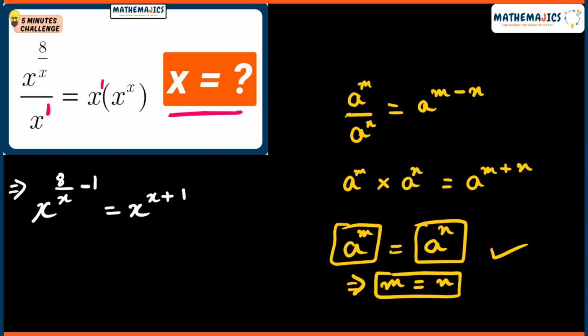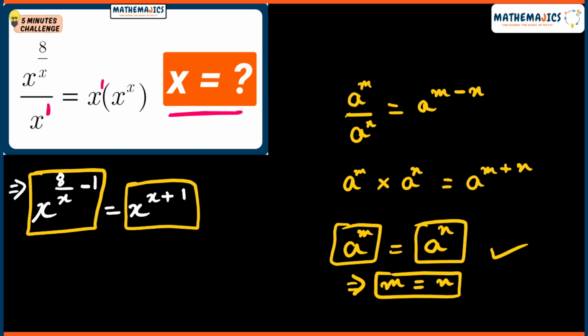So we will be using this third rule here. We can see the left side and the right side are the same, and the base number, that is x, is also the same. That means the powers should be equal. That means 8 upon x minus 1 should be equal to x plus 1.